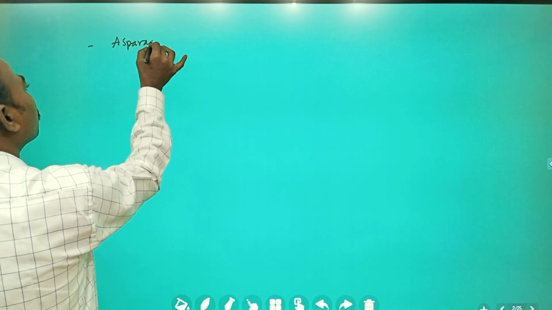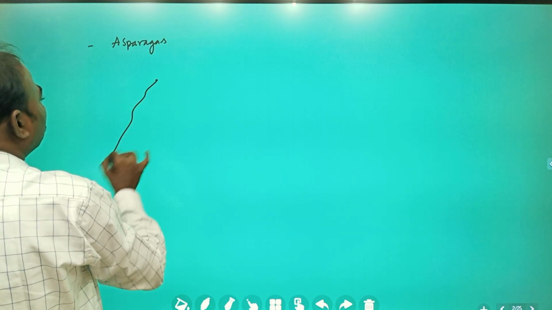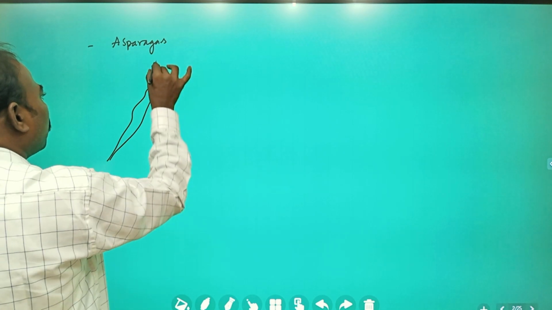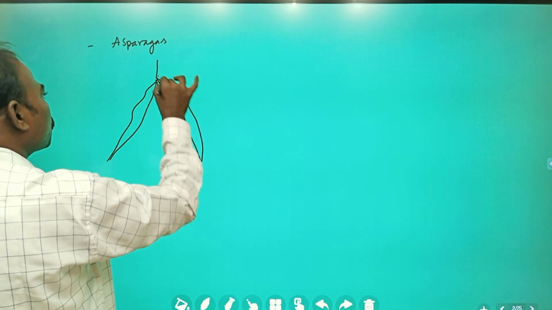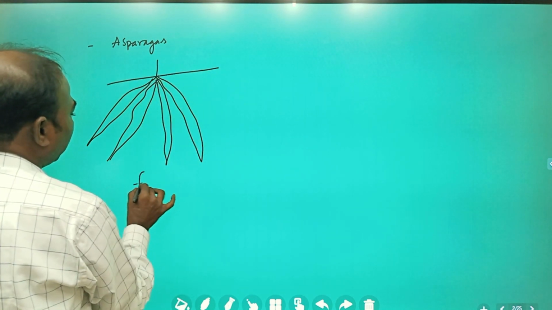But in some plants like asparagus, a bunch of roots, which is a cluster of fibrous roots, stores food material.